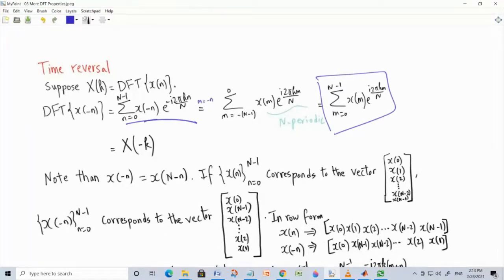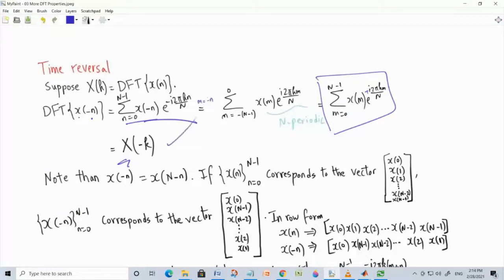It looks exactly like the DFT, but with a plus sign here rather than a minus sign. So this is x of minus k, which means that the DFT of a time reversed signal is the reversal of the original DFT. DFT of x of minus n is x of minus k.